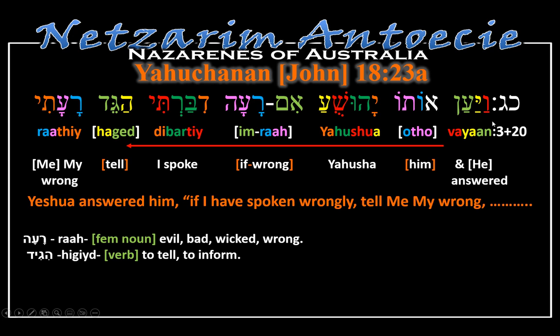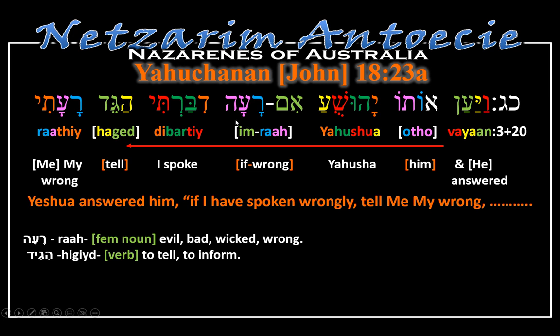And we read it. Vaya'an. And he answered, remembering that Anah, with the heys dropped off, means to answer, right? And he answered, because of these prefixes. Oto, meaning him. Yahushua, or Yahusha.